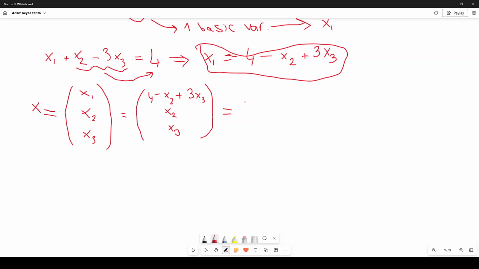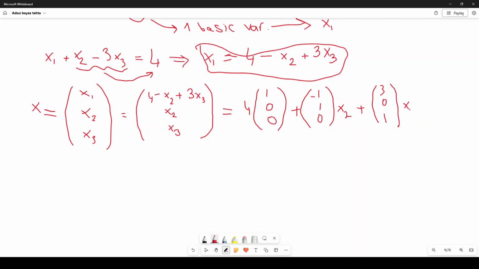So I can decompose it into something like 4, 0, 0, and for the x2, minus 1, 1 and 0, and we can also have 3, 0, 1, and this is x3.